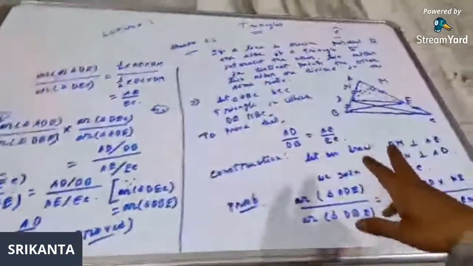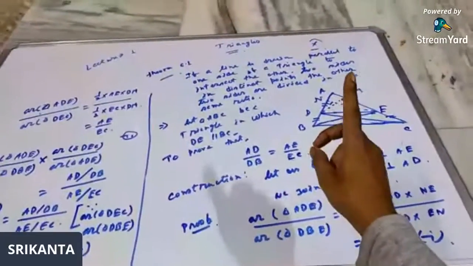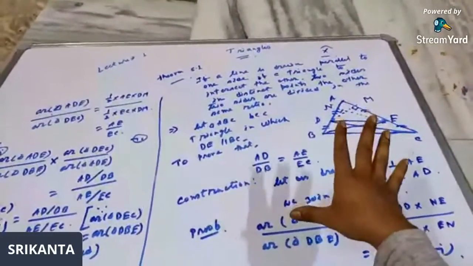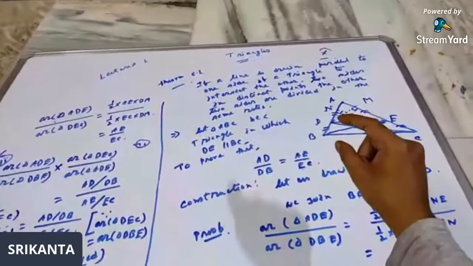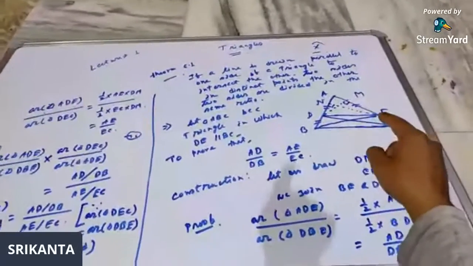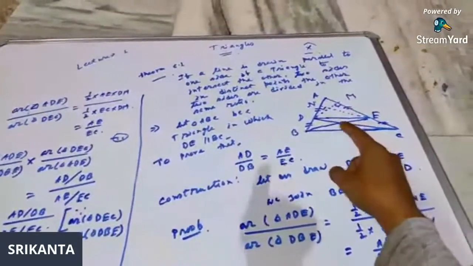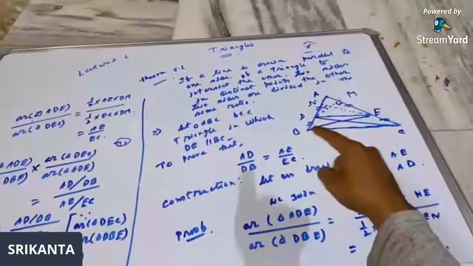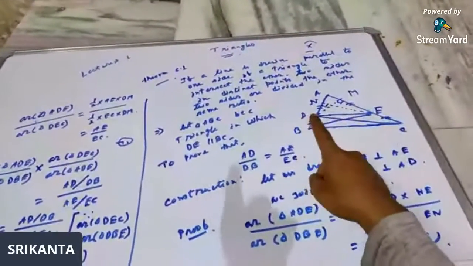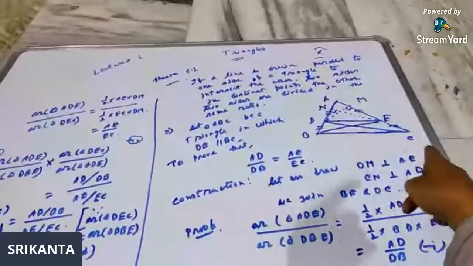And the next thing you needed to understand was that because of one theorem from class 9, we learned that if two triangles are between the same base and same parallels, then their areas should be equal. So see, this triangle BDE and triangle DEC are between the same base DE and the same parallels DE and BC.